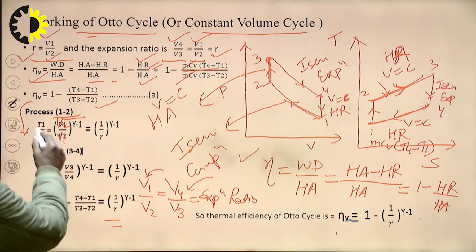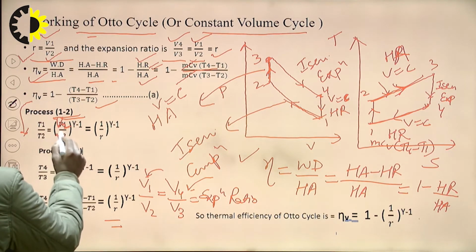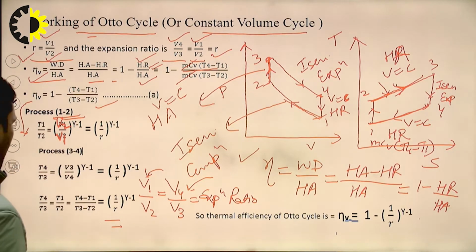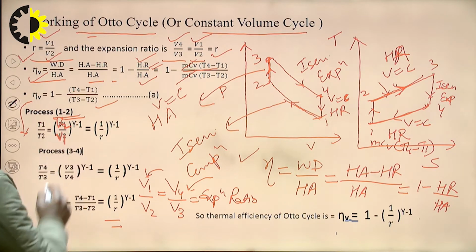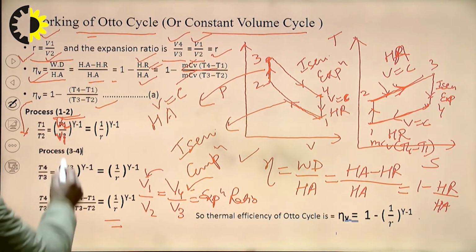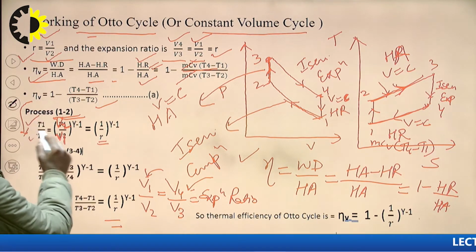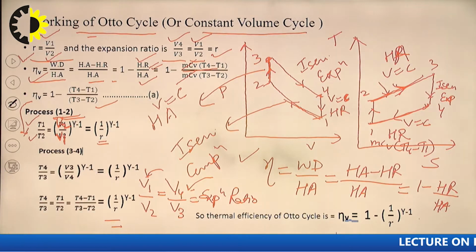So T1 by T2 will be equal to V2 by V1 to the power gamma minus 1. And we know that V1 by V2 is equal to the compression ratio r. So V2 by V1 will be equal to 1 by r. So T1 by T2 will be equal to 1 by r to the power gamma minus 1.